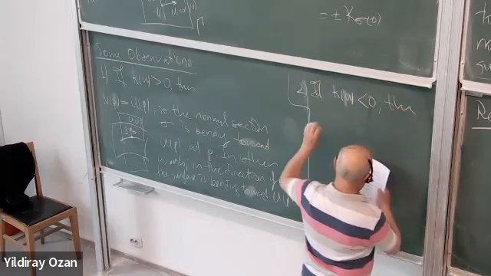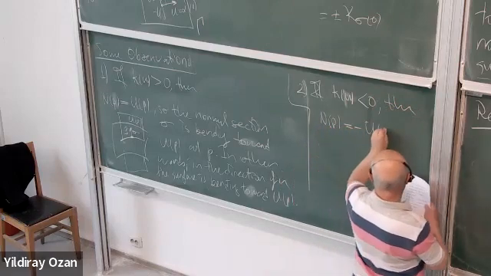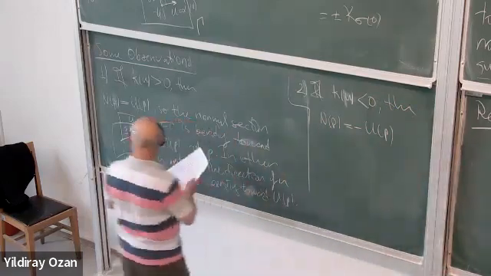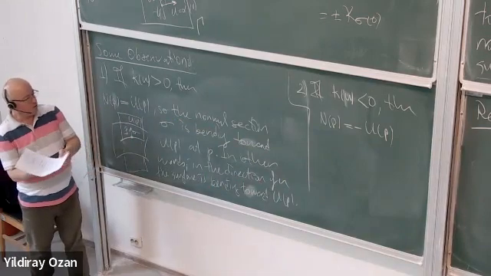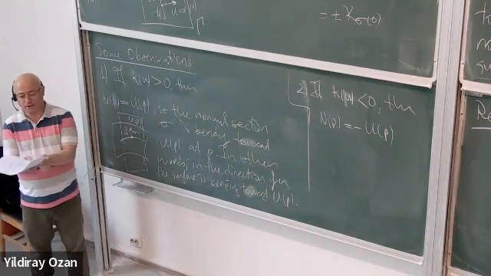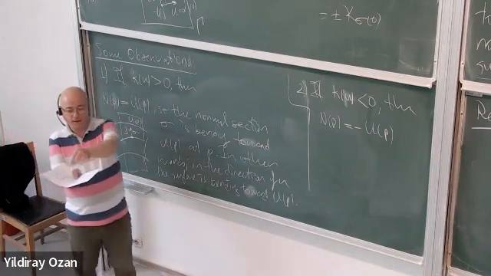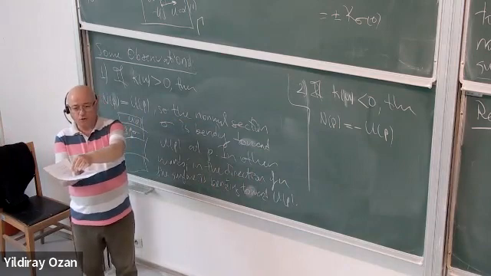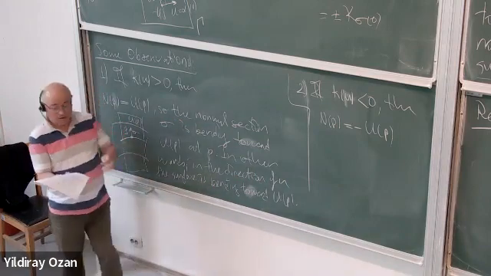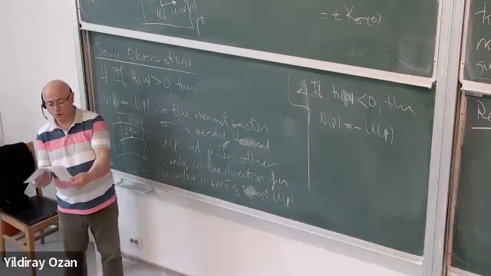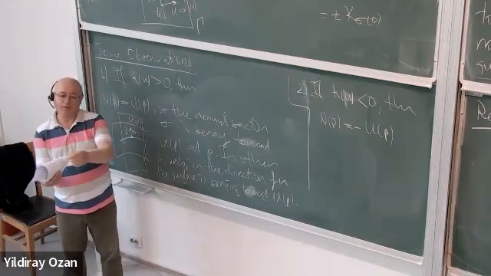Then N_p is minus U_p. So if the curvature is positive, your surface is like this, okay? And this is your normal vector, and your surface is bending toward this vector. If the curvature is negative, then your surface is like this, as in this picture, and your normal vector is like this, okay?